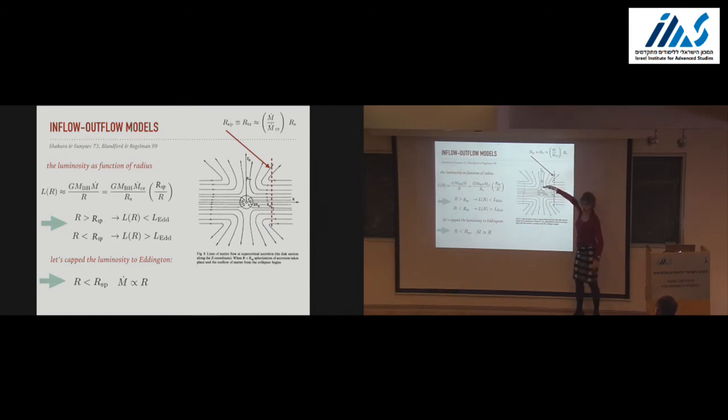To do so, we need to impose that m dot is actually decreasing with R, so that less and less mass reaches the black hole. It's a little bit what Rem told you about: the highest energy is released close to the hole, so you want the least mass possible to get the same luminosity.